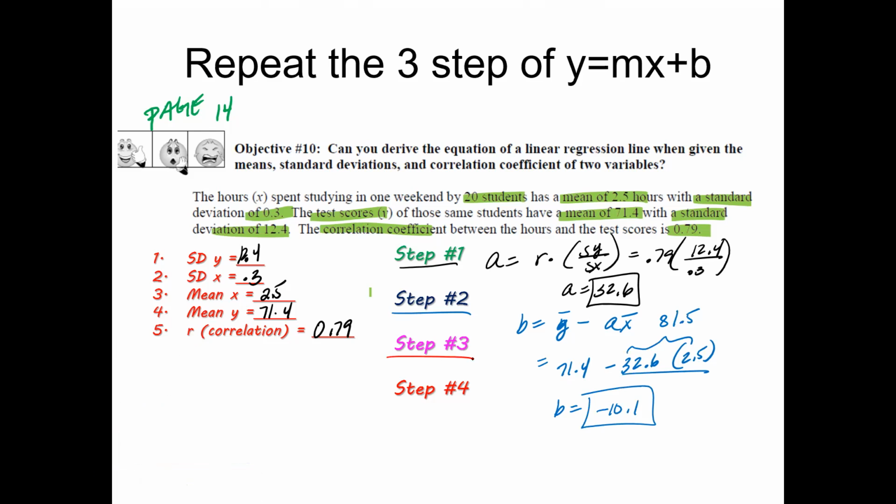Step 3. You now need your Y hat. So Y hat is equal to AX plus B. So Y hat is equal to A, and A that you found from step 1 is 32.6 times X. X is going to be at 2.5 minus B, which you just found from step 2, which is a 10.1.